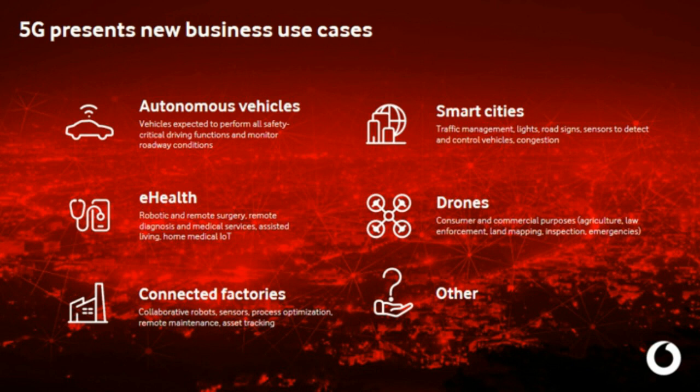If you take the city, every street light, every door, every light, everything would need to be connected, and all of that generates billions of connections that we need to orchestrate, so you need a network that can connect all these devices in a secure way and in an immediate way.